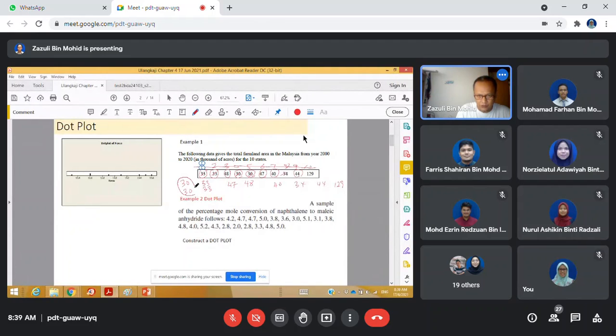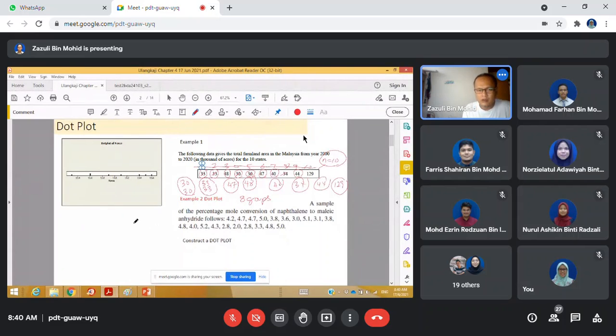So if we group this data into several groups, we can see how many groups here? 1, 2, 3, 4, 5, 6, 7, 8. Instead of 10 data, we have 10 samples here. When we group it, we have 8 groups.